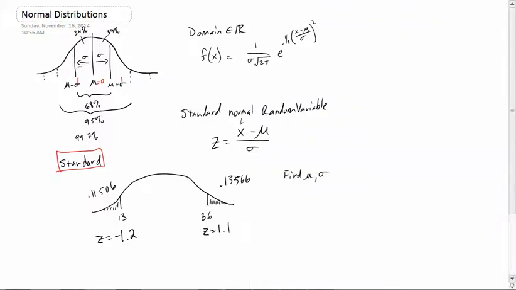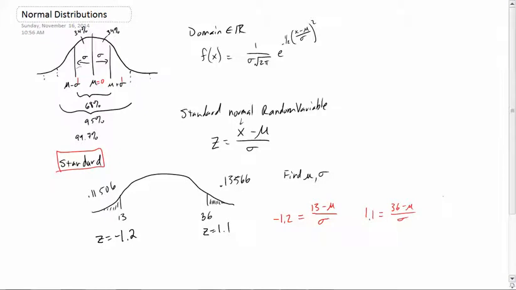Okay, now knowing the z-score, I can use z equals x minus mu over sigma. So I can go negative 1.2 equals 13 minus mu over sigma, and I've got a second one, which is 1.1 equals 36 minus mu over sigma.